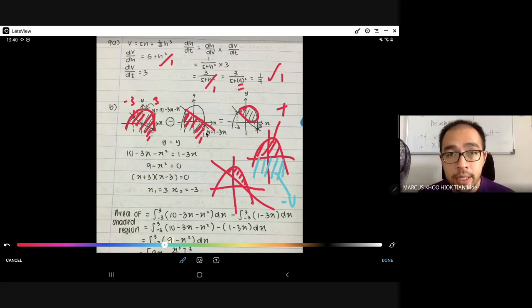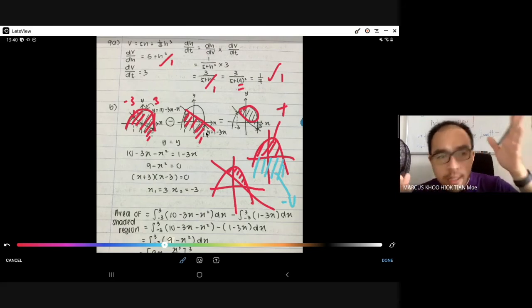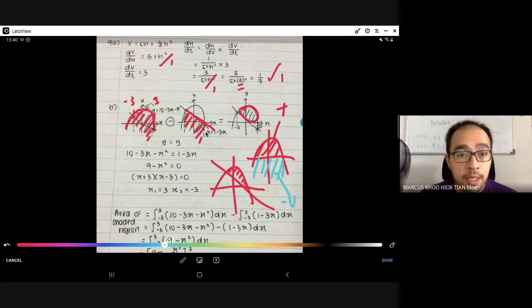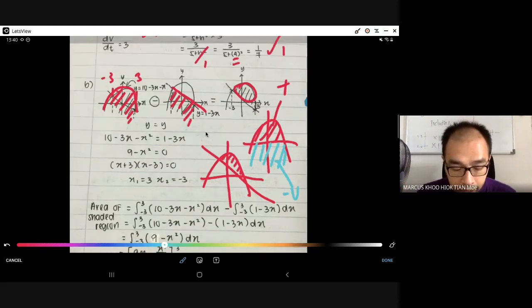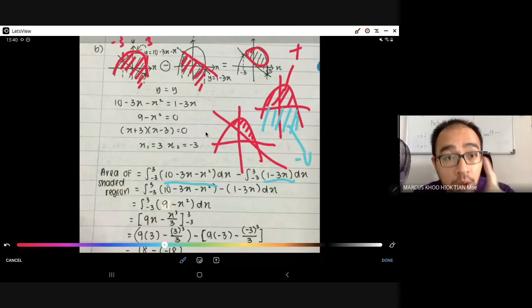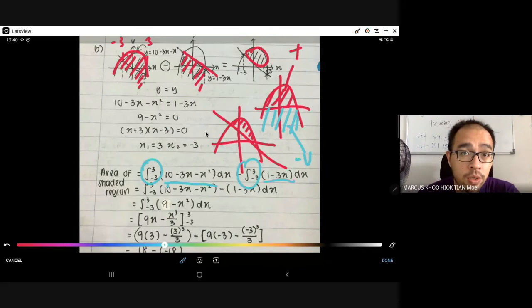But I like the way this group approaches it: let's just take from one point of intersection to another point of intersection. Let's have the curve minus the line. And they can also combine it, this 10 minus 3x minus x squared minus 1 minus 3x, because the limit is the same. And so that is the single most important thing.